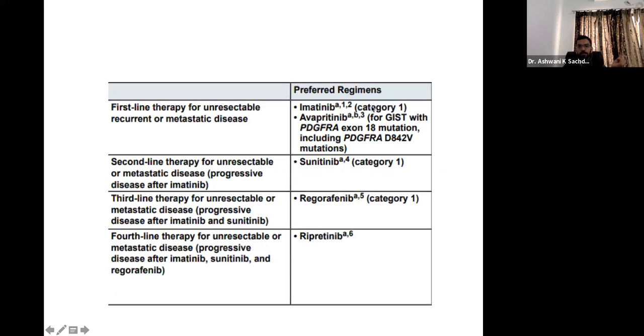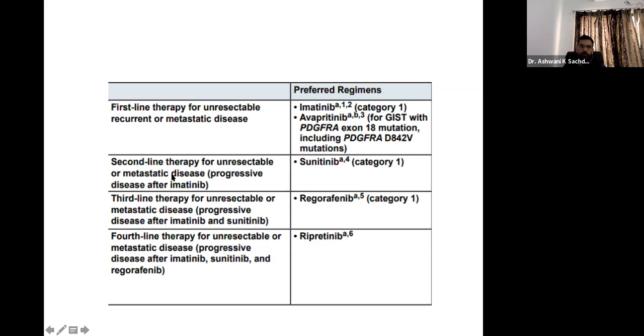So first line therapy is imatinib as category 1, and another one is avapritinib for GIST with PDGFR mutation in exon 18, including D842V mutations.